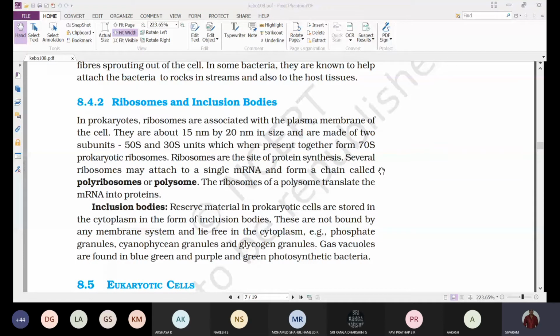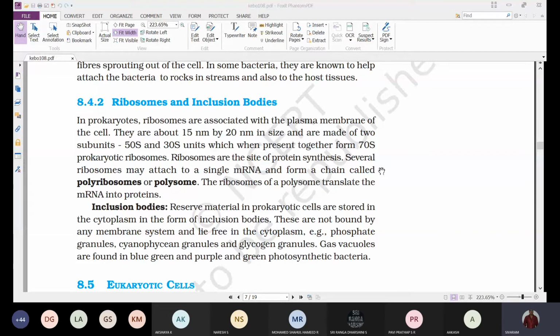Here we are discussing prokaryotes. In prokaryotes, a single mRNA can bind with many ribosomes and form a chain called a polyribosome, or simply a polysome. Such an mRNA is associated with many ribosomes.